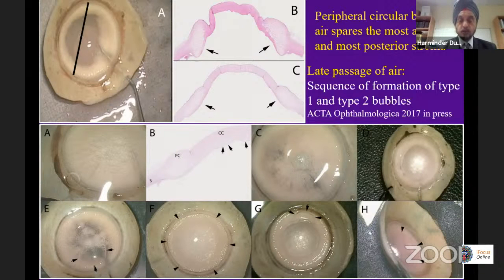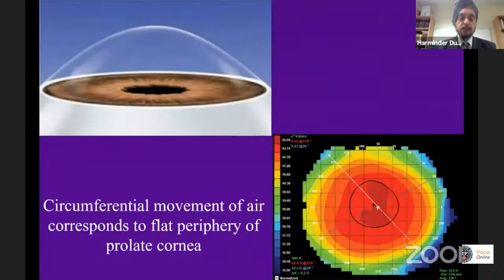That's important. And at the periphery, you find that there is a different orientation to the rest of the cornea, and the type 2 bubble almost always starts at the periphery. So these two points: impervious, and type 2 starts at the periphery.